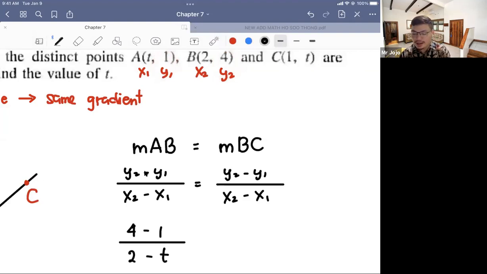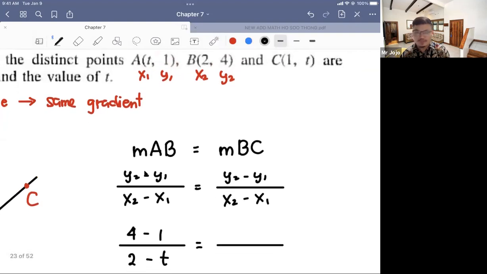How about for line BC? I'll just do the same. Okay, so I'll erase this and make this my x sub 1, y sub 1, x sub 2, y sub 2. All right. So what will be my y sub 2 minus y sub 1?